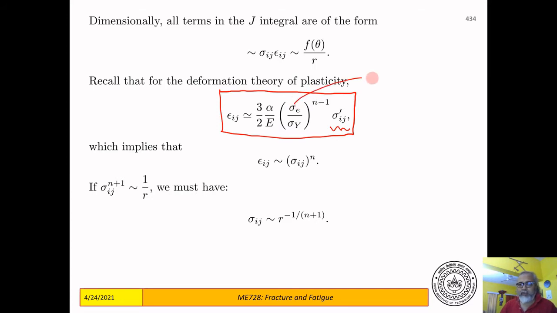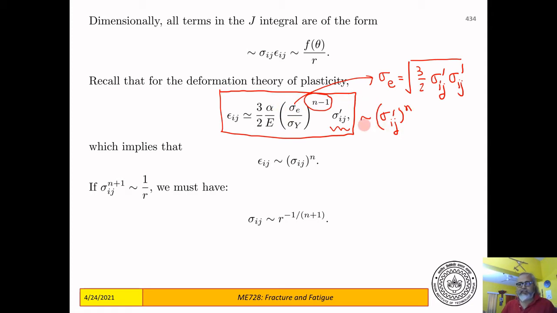Also remember that sigma E is defined as 3 by 2 sigma ij prime sigma ij prime. You have this n minus 1 here, and this tells you that the right hand side goes as sigma ij prime to the power n.